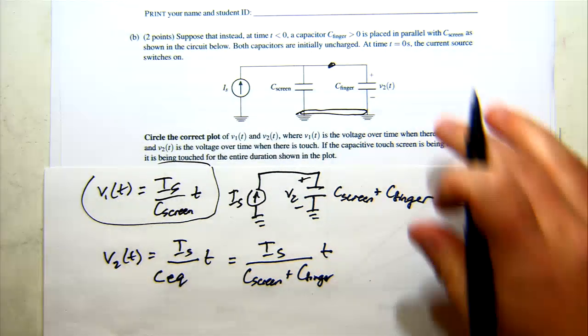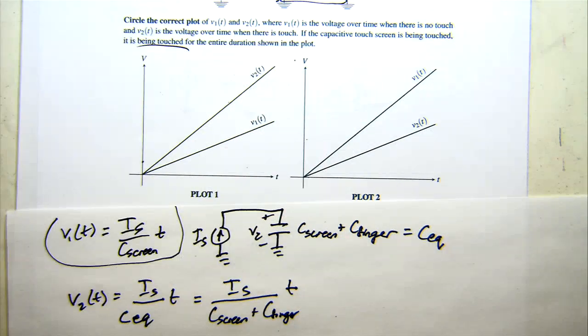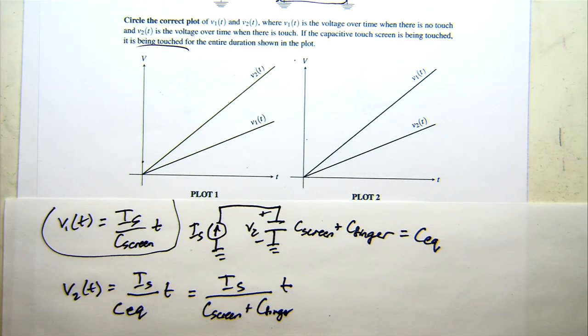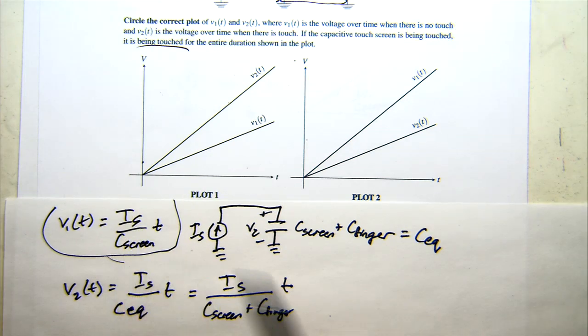So when looking at our two plots, which voltage is going to be greater? Or what slope is going to be greater? The slope of V1, which is IS over C screen, or the slope of V2, which is IS over C screen plus C finger?